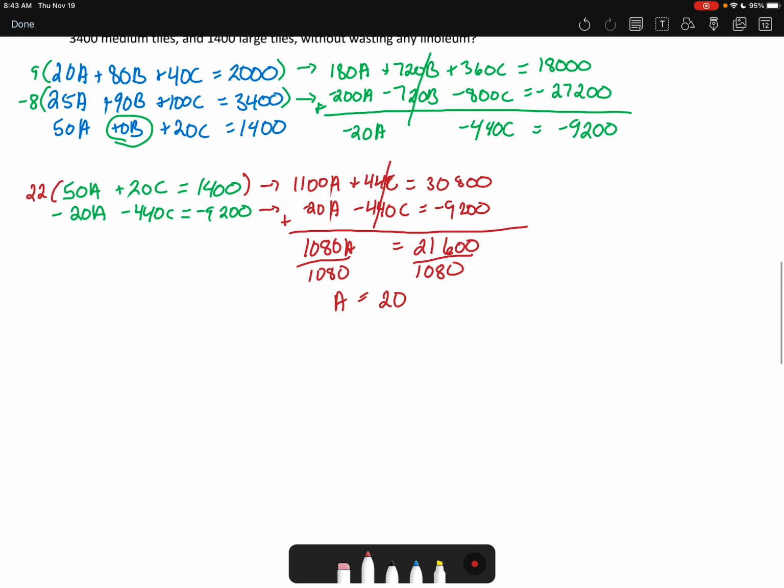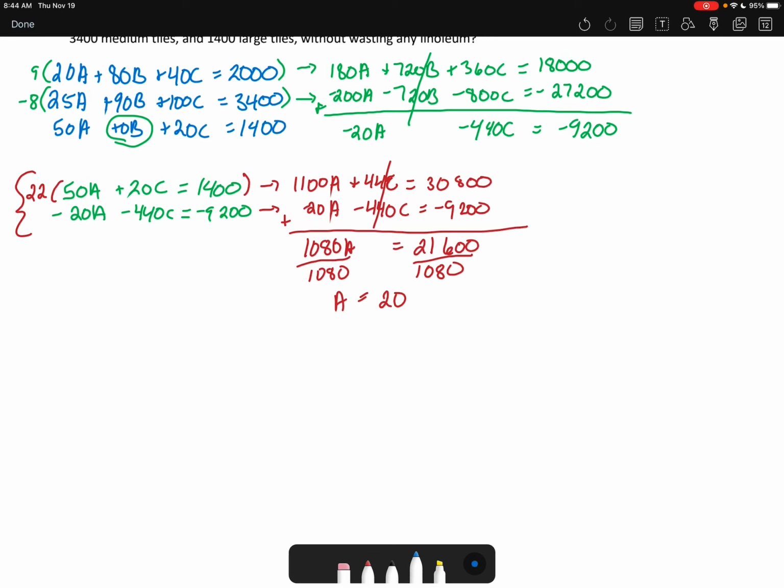Now I want to work my way back up, resubstituting in. Now that I know A, I can go back to one of these 2x2 equations, sub that A value in to find C. I'm going to choose the top equation there because all of the coefficients are positive.